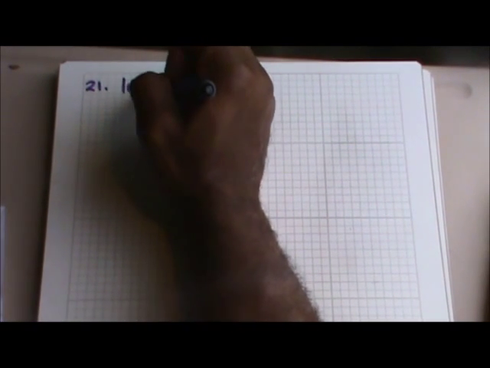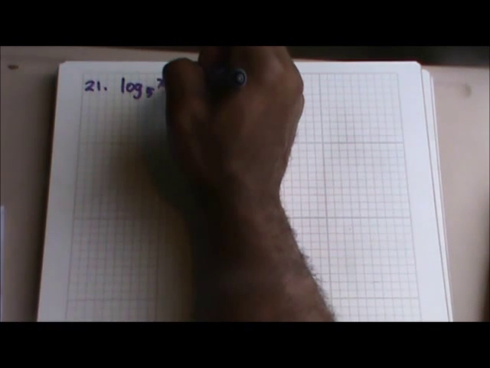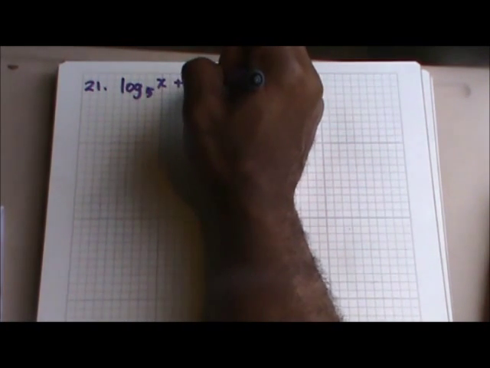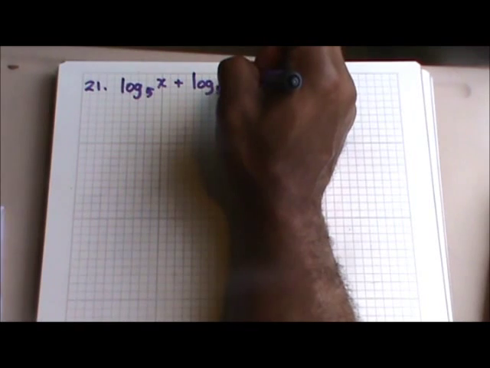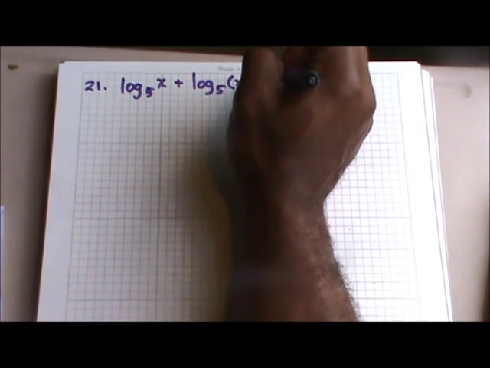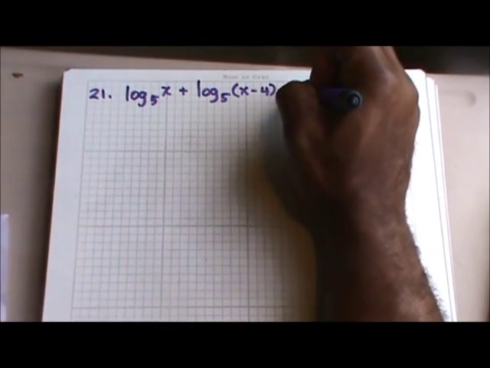Keep it going. Number 21. This is where some of you start to have a few difficulties with these. Number 21 is log base 5 of x plus log base 5 of x minus 4 is equal to 1.